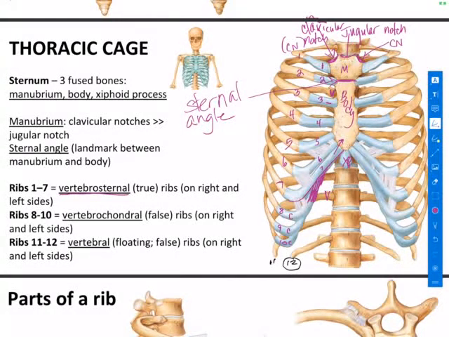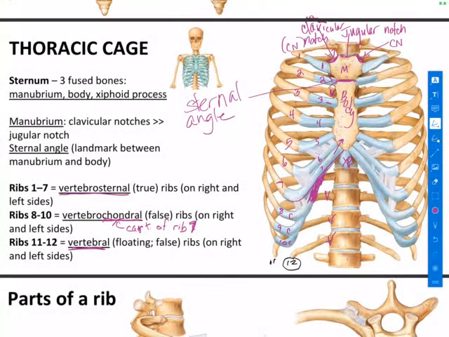And so vertebral chondrule. Chondrule refers to the cartilage here. So this is vertebral chondrule, where chondrule is the cartilage of rib 7. That's what chondrule means. And then any rib that doesn't attach to cartilage, any rib that's floating, is going to be called a vertebral rib, because it's only articulating with the vertebra and it's not articulating with cartilage or the sternum anteriorly.